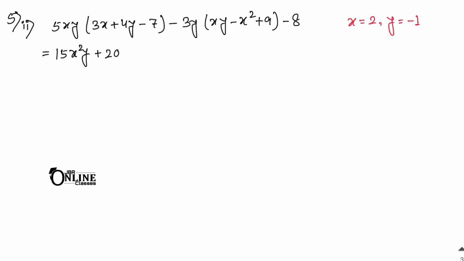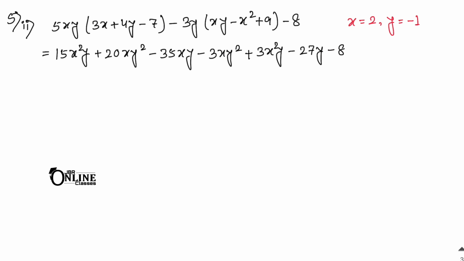Then 20xy square. The last one 35xy. Now you have to multiply with 3y, but as there is a negative sign, be very careful about that. So it will be 3xy square, then negative negative positive 3x square y. Last one will be 3 into 9, 27y, and then minus 8.